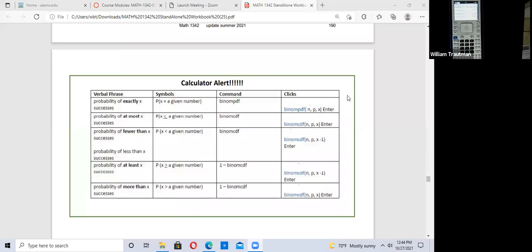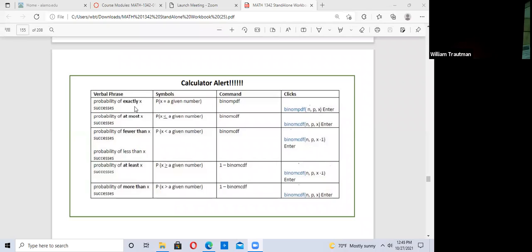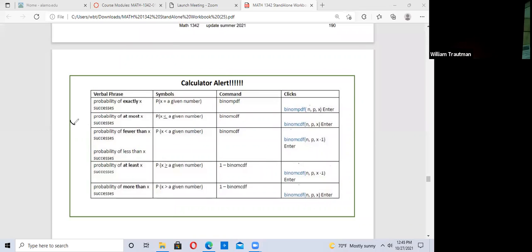At most, so X is less than or equal to 7. And by the way, on a test, you can get 0 correct, 1, 2, 3, 4, 5, 6, 7, 8, 9, or 10 correct.